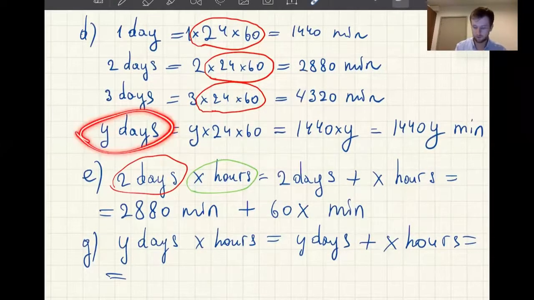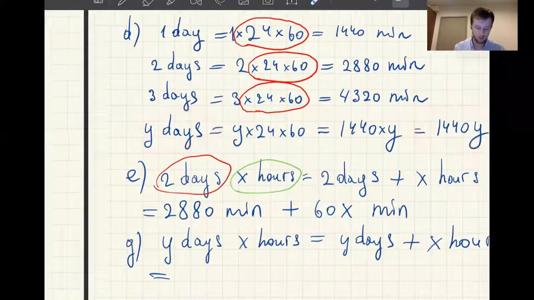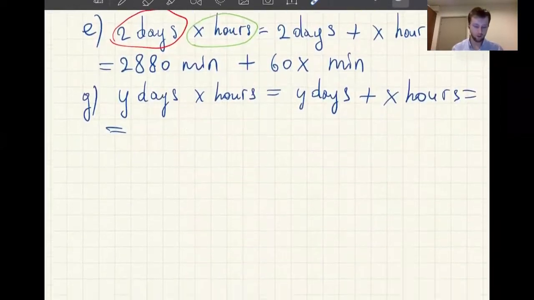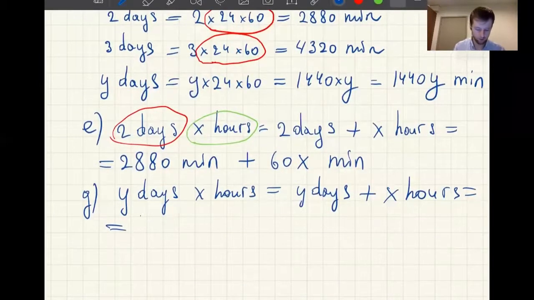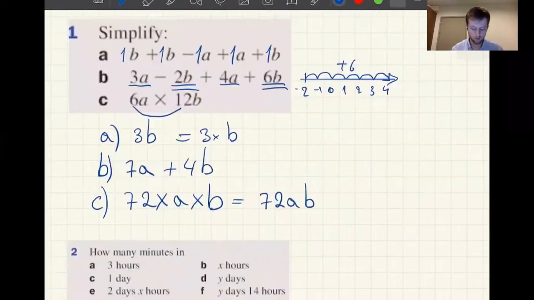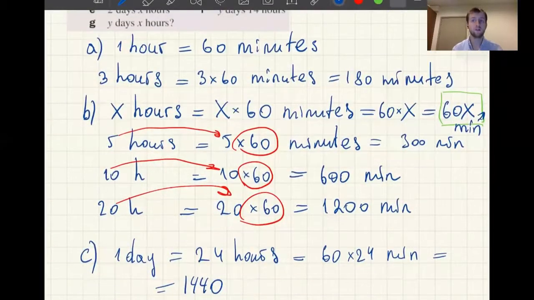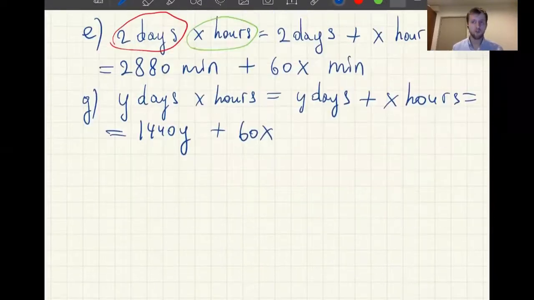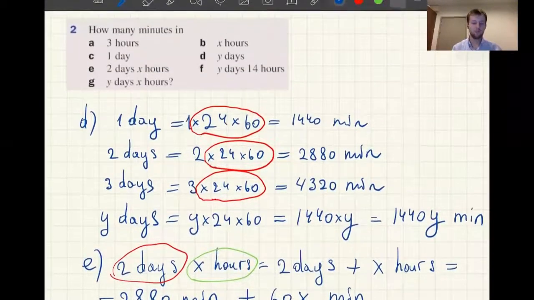Y days equals this much minutes, and x hours equals this much minutes. So we just go 1,440y plus 60x. 1,440y plus 60x.